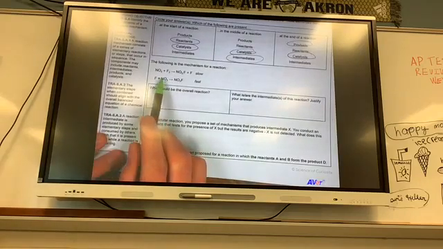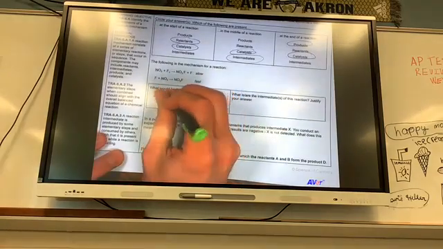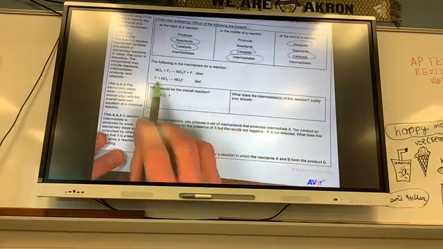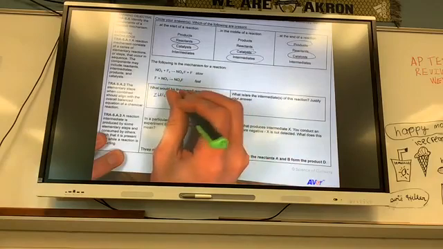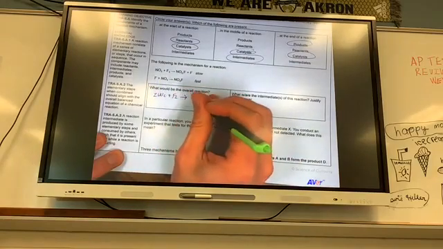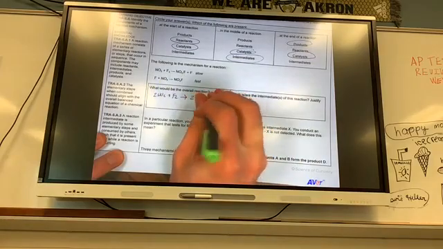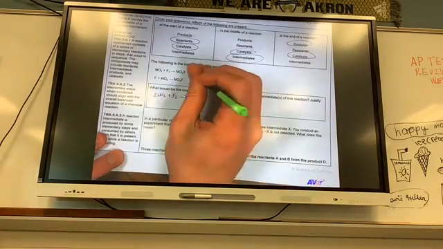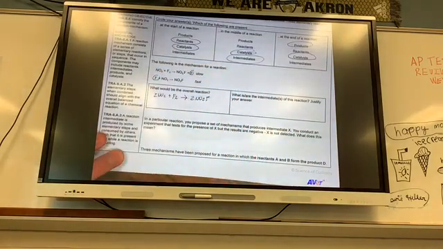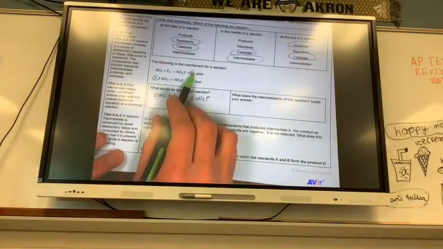So cancel. So I've got 2NO2 plus F2 yields, I have two of these, 2NO2F. So that means my F was an intermediate because I ended with that here and I started with it here.